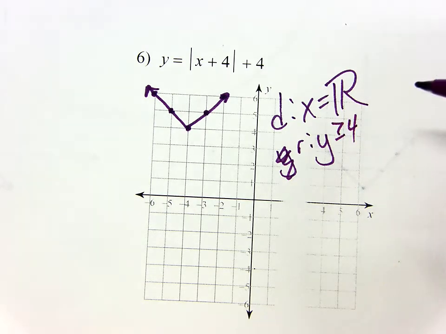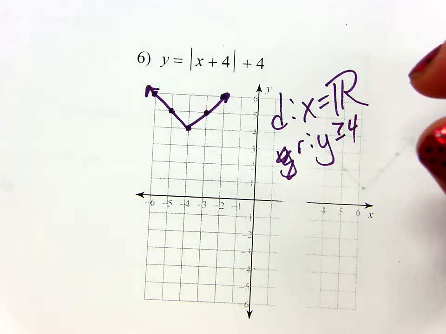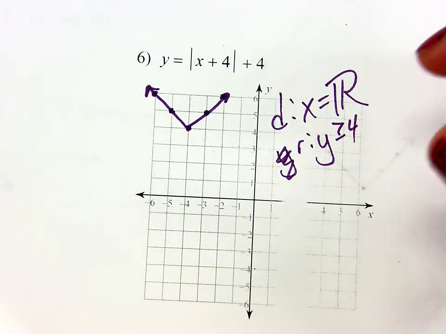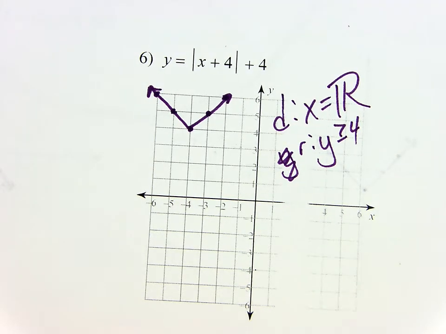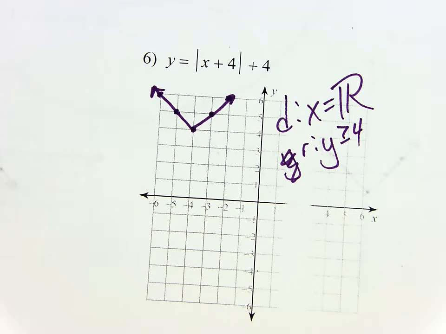Correct. Do you notice some relationship? Well, tell me what you notice about the domain. It's always all real numbers. For an absolute value graph, it's always all real numbers. Do you notice something about the range and the original equation, perhaps?